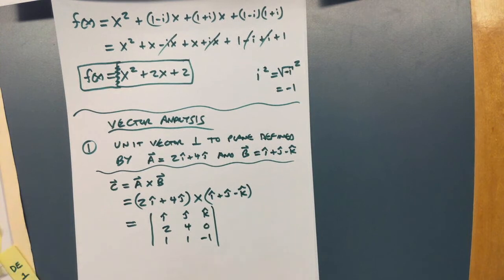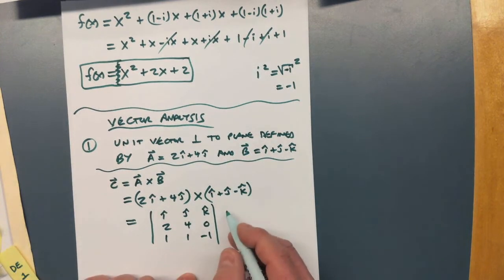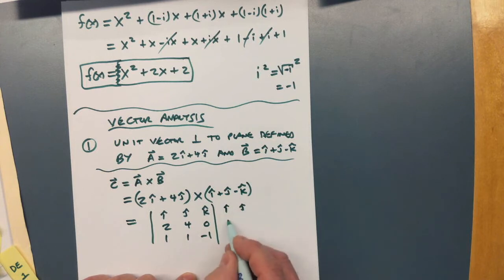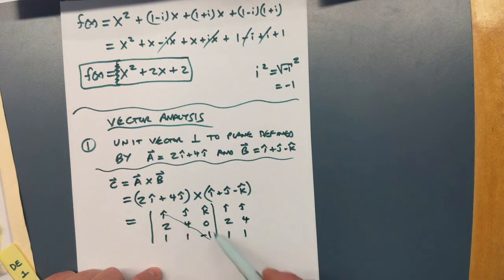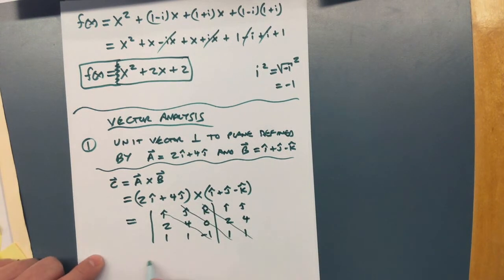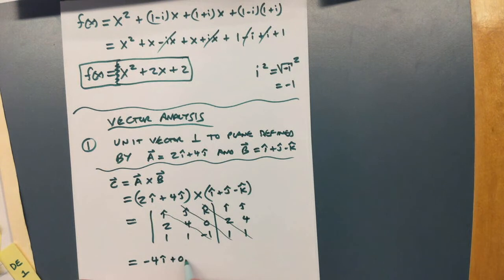To evaluate this determinant, we repeat the first two columns, and then use the diagonals in this direction to get minus 4i plus 0j. I'll write that out just to show it.